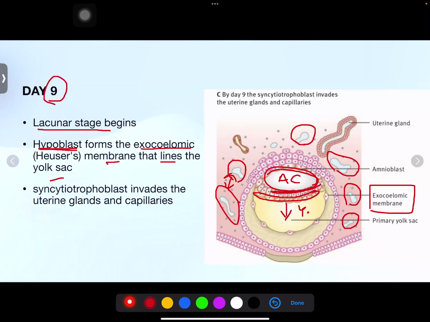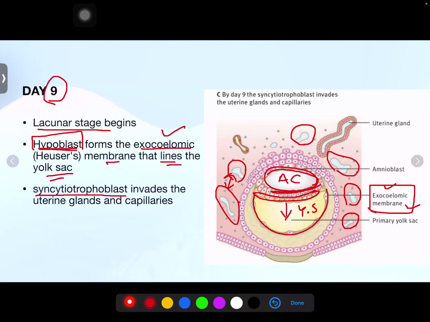This cavity that is formed is called the yolk sac, and these are the cells. What would they be called? This is called the exocoelomic membrane. So the hypoblast forms this membrane that lines the yolk sac. So these are the hypoblast cells which are lining this yolk sac.